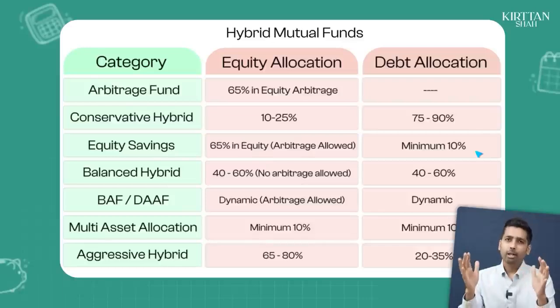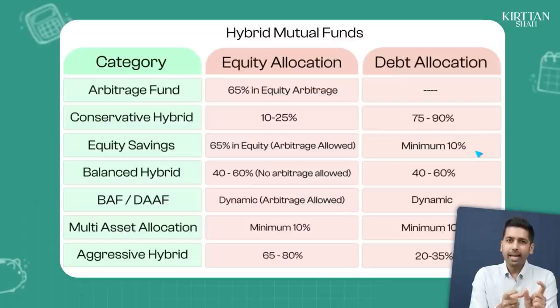So look at it this way. Out of the 100 rupees that you've invested, if 20% is equity, the next 45% is arbitrage and the remaining 35% is debt, which means 65% of your money is still equity, because in taxation, arbitrage is considered as equity. So now you will have 65% of your fund invested in equity, but the risk of this product is extremely low because except for that 10-20% of pure equity, everything else is arbitrage or fixed income.